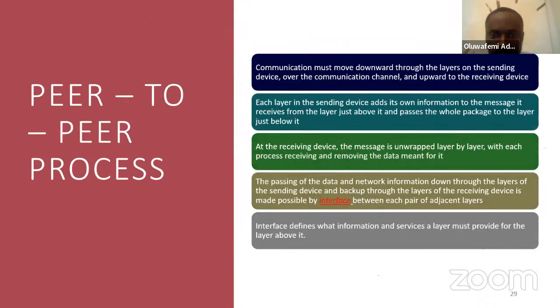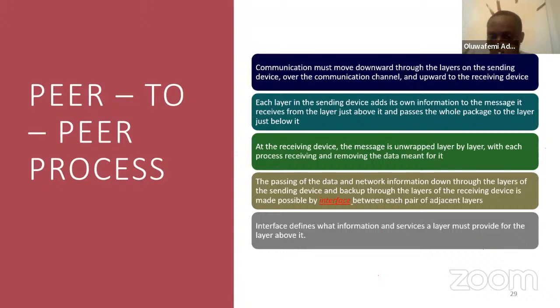So at the receiving device, the message is unwrapped layer by layer, with each process receiving and removing the data meant for it. The passing of the data and network information down through the layers of the sending device and back up through the layers of the receiving device is made possible by the interface between each peer and adjacent layer.